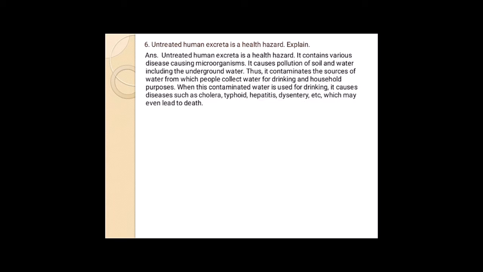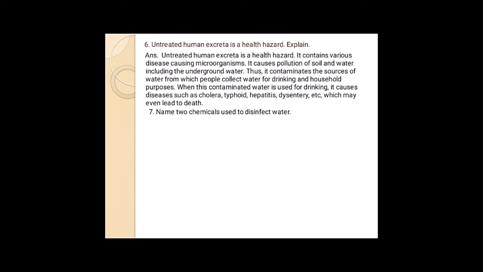It causes pollution of soil and water, including underground water, and contaminates the sources from which people collect water for drinking and household purposes. When this contaminated water is used for drinking, it causes diseases such as cholera, typhoid, hepatitis, dysentery, etc., which may lead to death as well. So it's a health hazard.